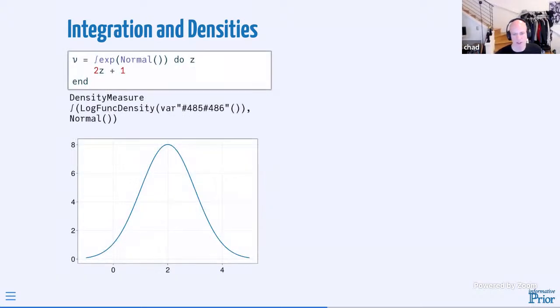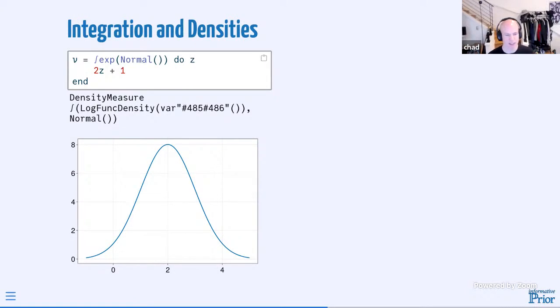Let's look at what this looks like in terms of MeasureTheory.jl. I can take a normal, and this integral exp is not 2 separate things. That's one single token, integral exp of normal, and then here's Julia's syntax again for functions: do z, 2z plus 1. So my density is going to be z goes to 2z plus 1.